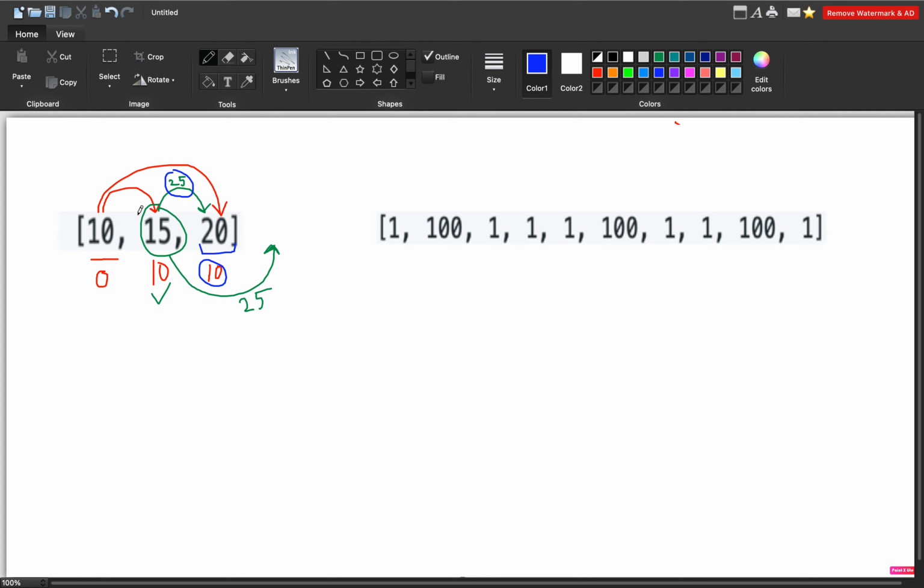It was 10 when we jumped directly from 10 to 20, and it will be 25 when we first came from 10 to 15 and then from 15 to 20. So we have two costs of reaching 20. Since we are required to find the minimum cost, we will always try to keep the cost minimum, and so we will choose this 10.